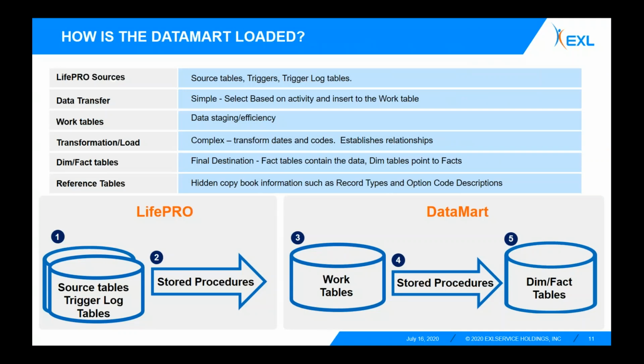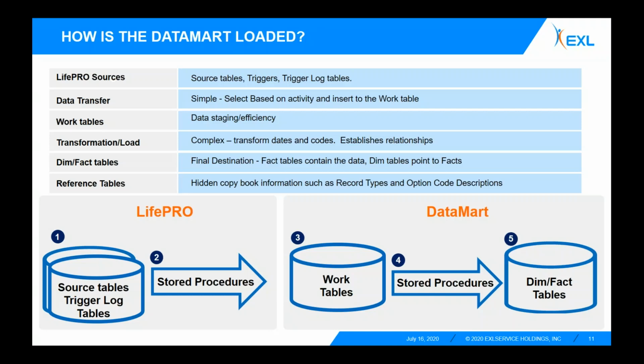So the data load to DataMart is a simple three-step process. We extract it, we transform it, and we then load it. So we extract the LifePRO source databases, which, by the way, can be more than one if you are running on multiple environments. We capture the activities using triggers and then store the activities to trigger log tables. The extracted information is first stored to DataMart staging or work tables for efficiency.